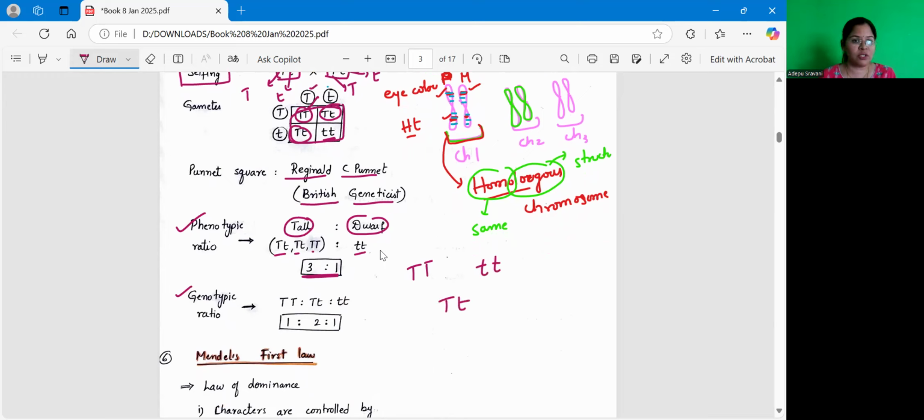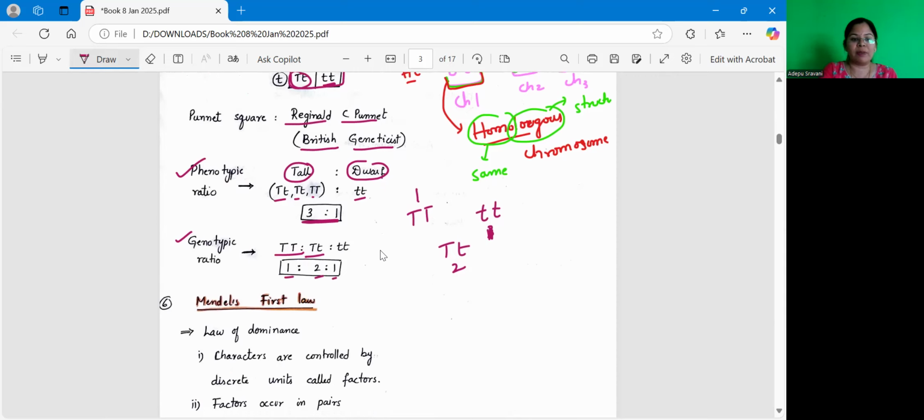So 3 types of genotypes we have got. In what ratio? 1:2:1, sorry. So 1:2:1 is the genotypic ratio we get in the inheritance of one gene. Clear? So phenotypic and genotypic ratios you have to remember.